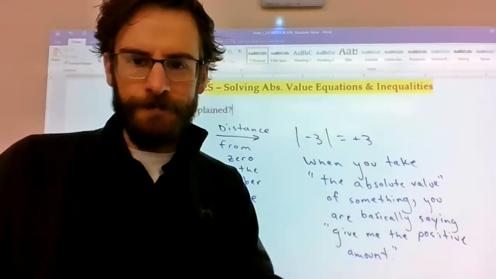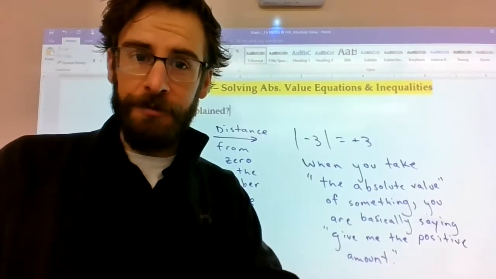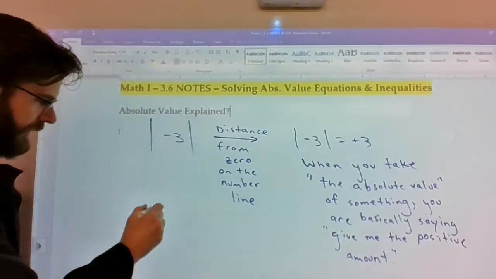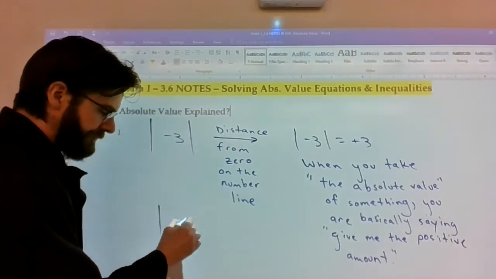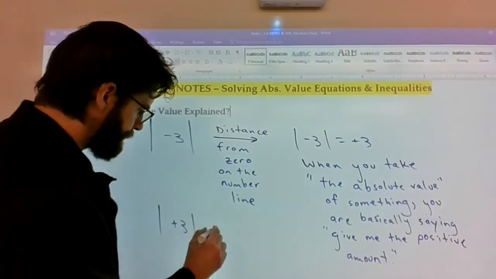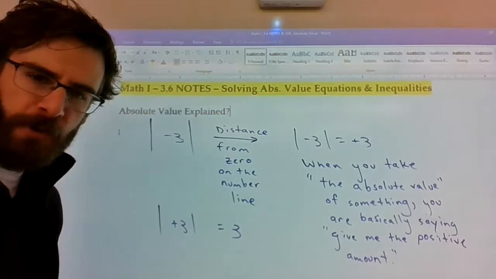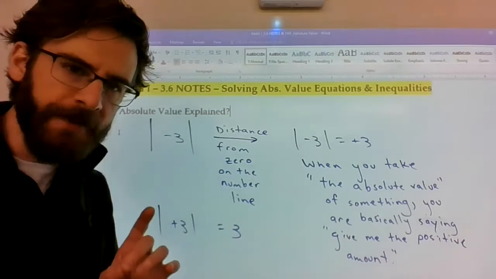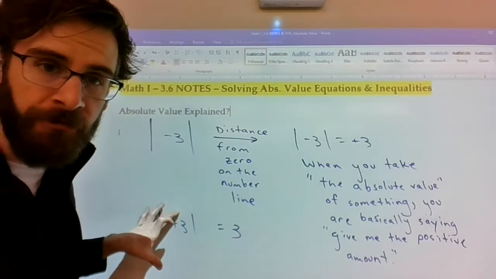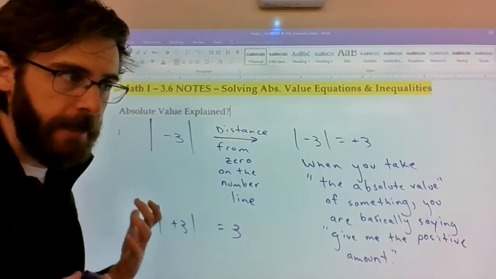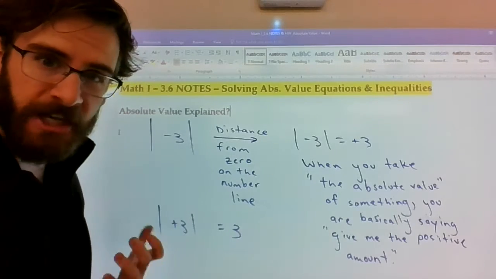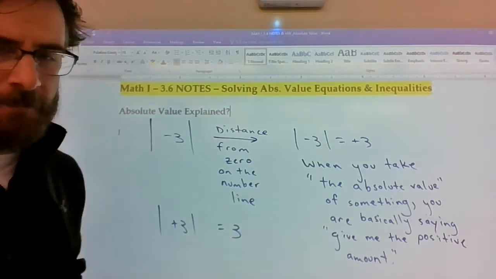So the absolute value of negative 3 is 3, but also the absolute value of positive 3 is 3 too. What we're going to explore here is what happens when the inside of the absolute value is a variable and not just a whole number.